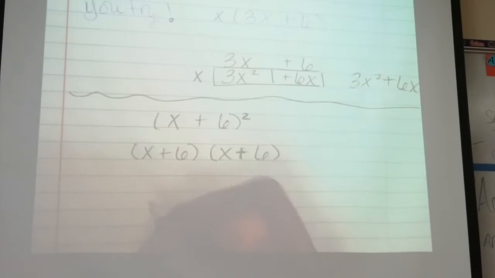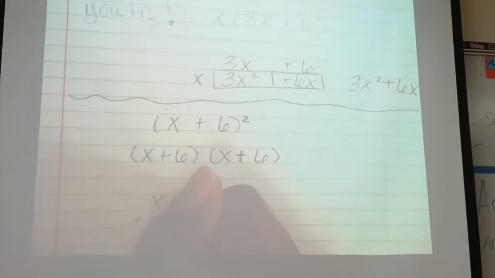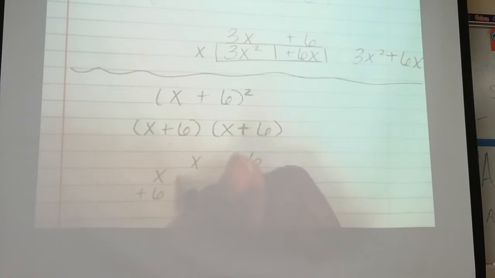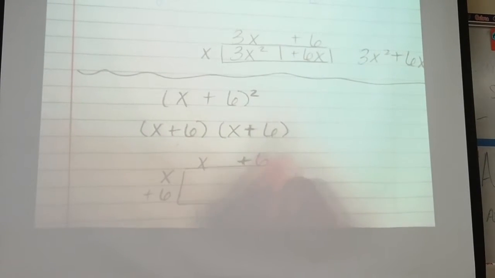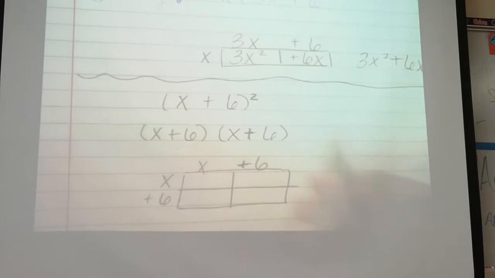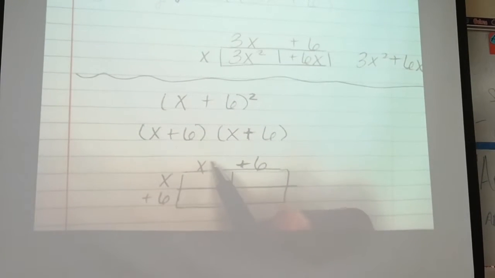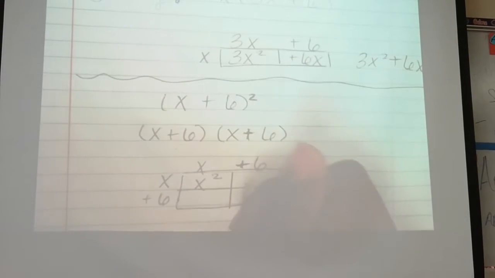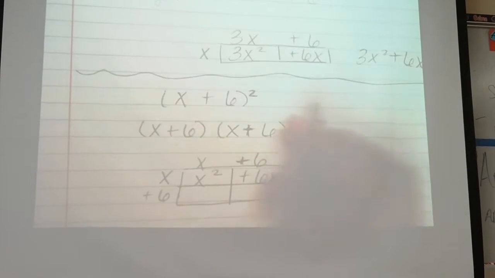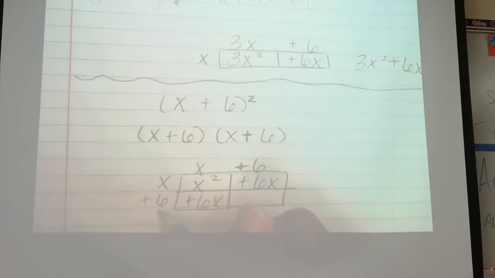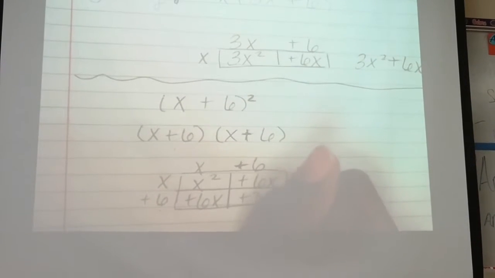Whatever's in the left parentheses, you put on the left. Whatever's in the right parentheses, you put up top. Side times the top. Side times the top. Side times the top. And side times the top.